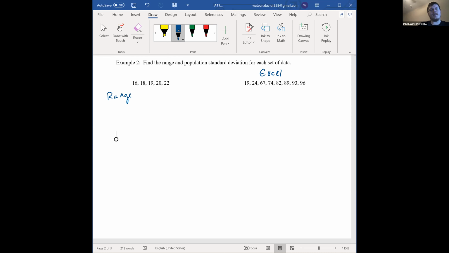Again, we just do the highest, 22, minus the lowest, which is 16. That gives us 6. That's our range.